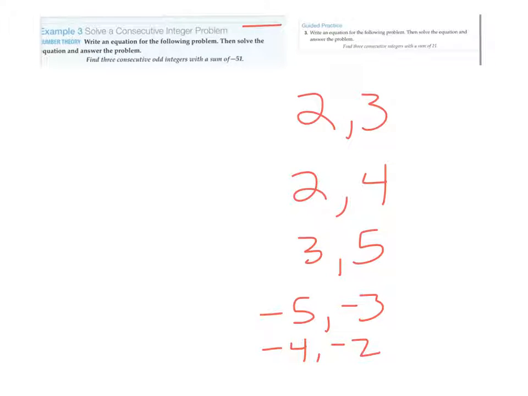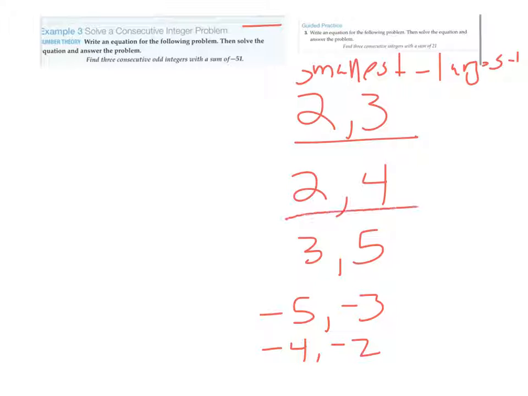So negatives go down, positives go up, and everything we're doing is basically left to right, or from smallest to largest. And consecutive means they're in order. So these are consecutive even, and these are consecutive odd. The question is, we want to find 3 consecutive odd integers with the sum of negative 51.